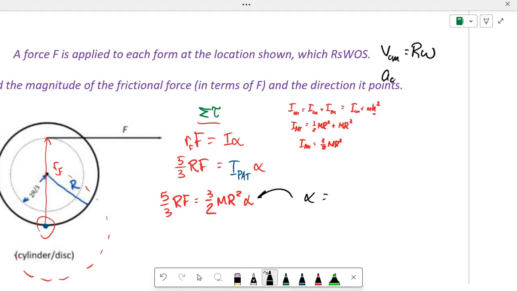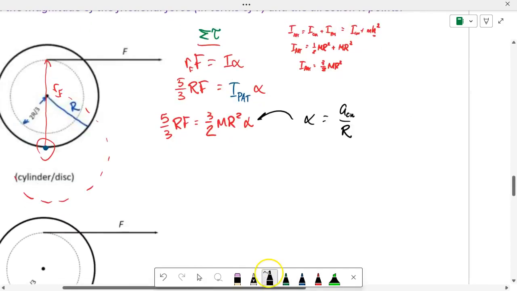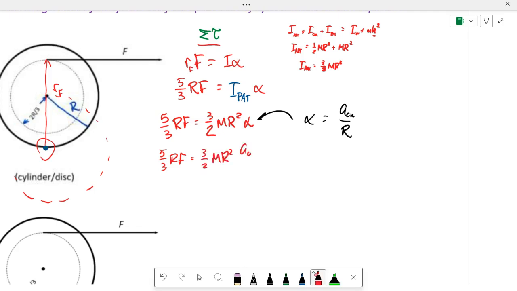That's one. Here's two. So this alpha is ACM over R. All right, so we can say this 5/3 RF equals 3/2 MR squared times ACM over R. Look what happens.